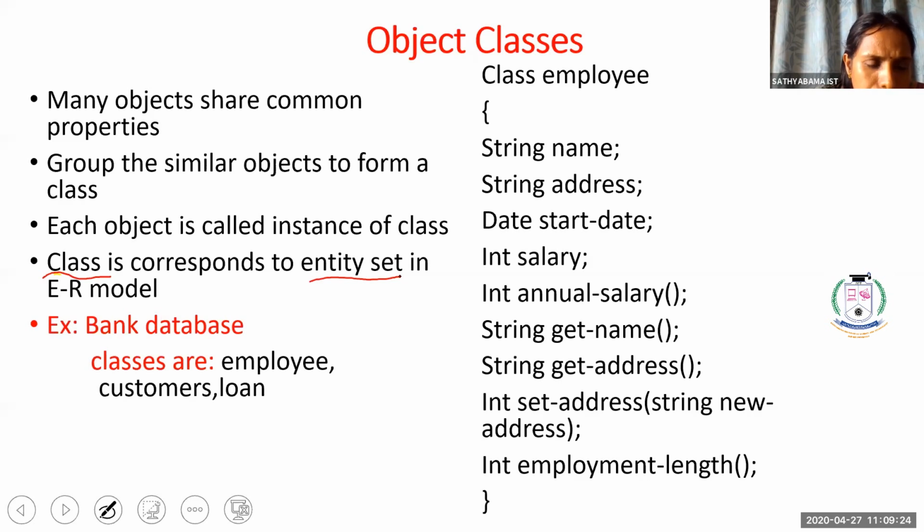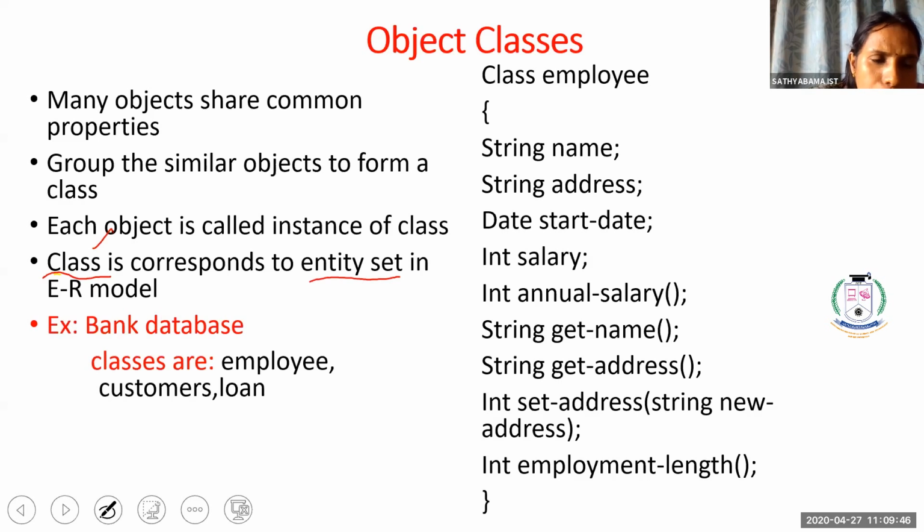The same way, if you are correlating with the object-oriented concept, what do we say? More than one similar object together, we formulate a class. Got it? That means the class is nothing but a collection of similar objects. So it is correlated with the ER diagram.